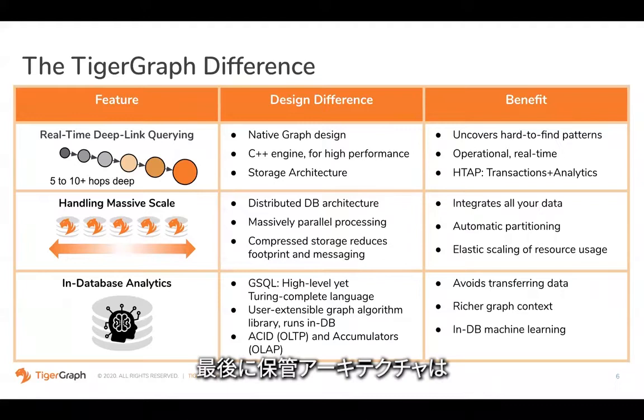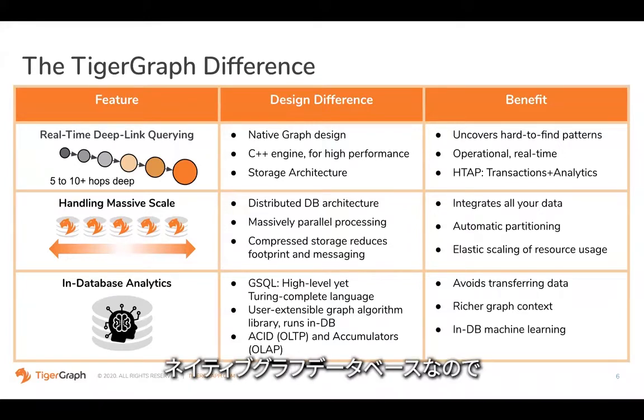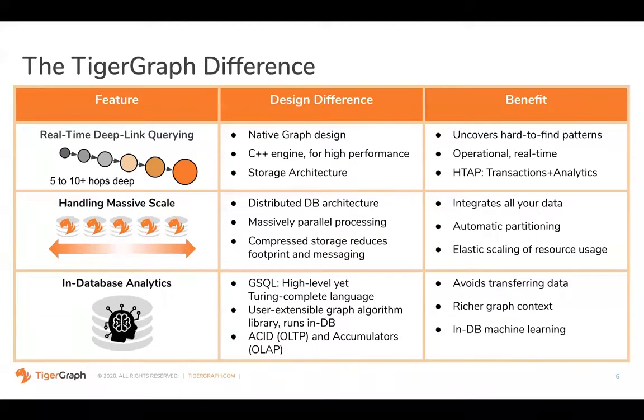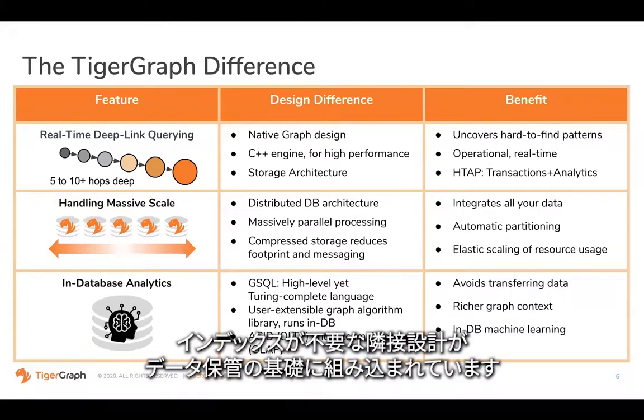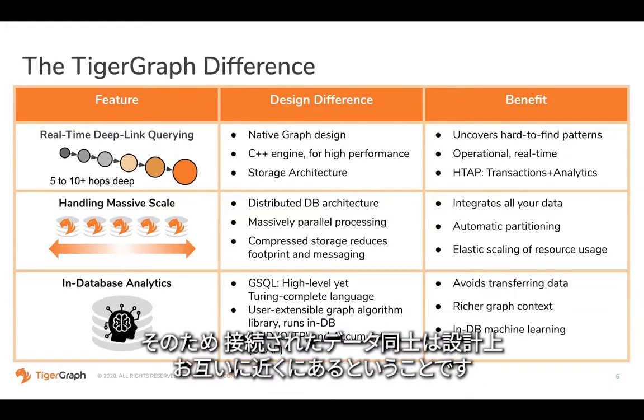And finally, the storage architecture itself. Ours is a native graph database, which means index-free adjacency design is built into how we store the data, so that all the connected data by design is close to each other.